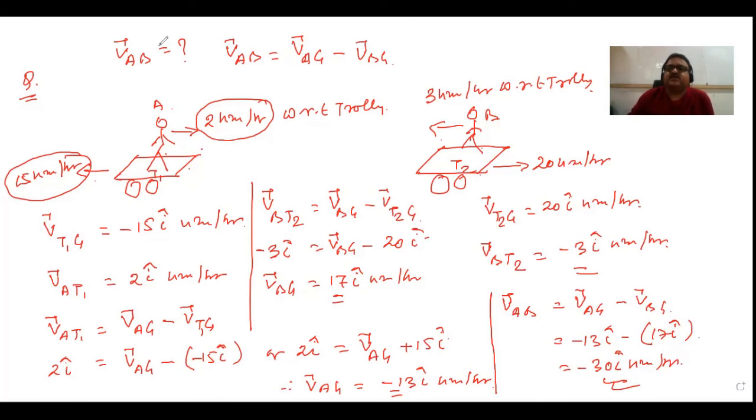Now, think for a moment, another example, okay? Suppose a man is moving along this direction with a speed of 2 kilometers per hour. Correct?